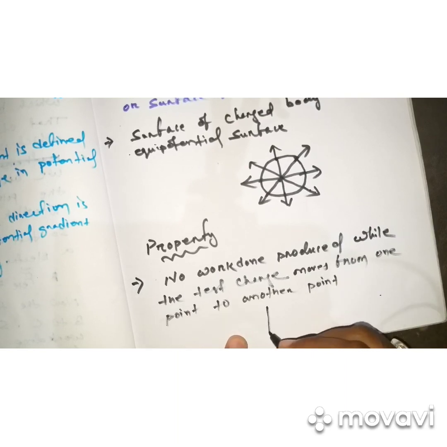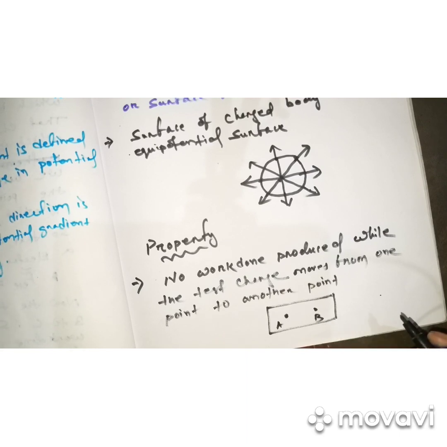That means if you assume this is the surface, here this is point A and this is point B. Suppose the test charge is here at point A, that moves from point A to point B.